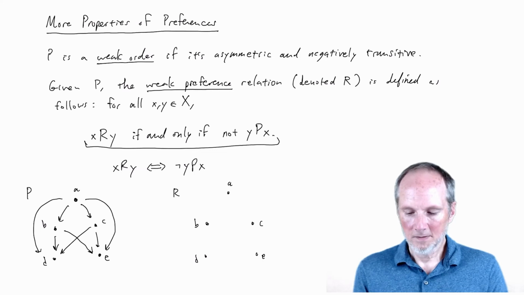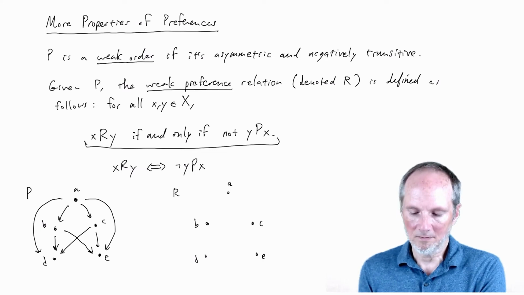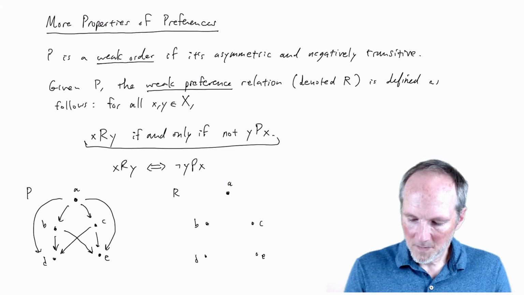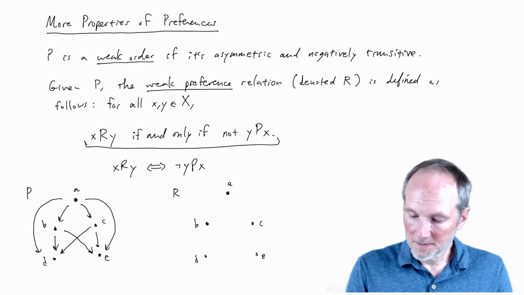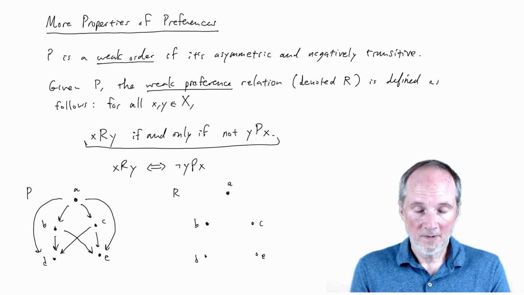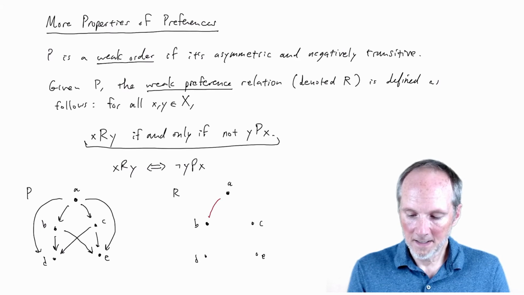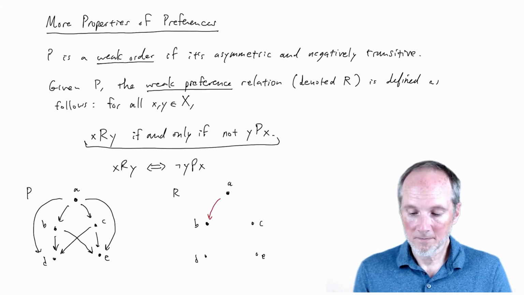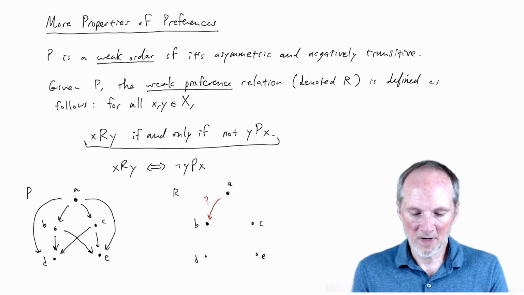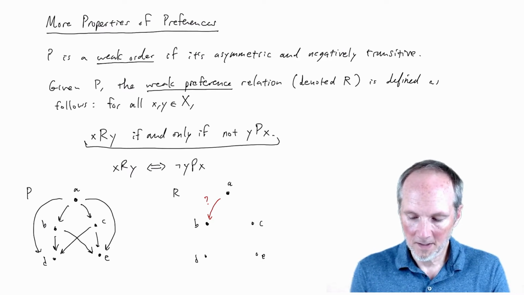Okay, let's pick a couple cases here. Let's ask, and I'll do this in red, is it the case for the preference relation that we have here that A is weakly preferred to B? All right, well, let's go over to our strict preference relation and let's check.